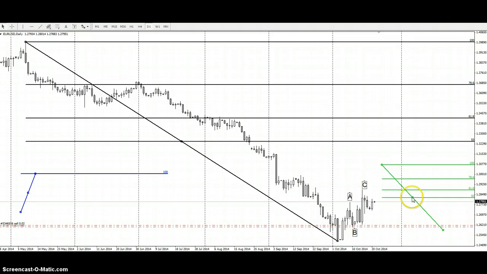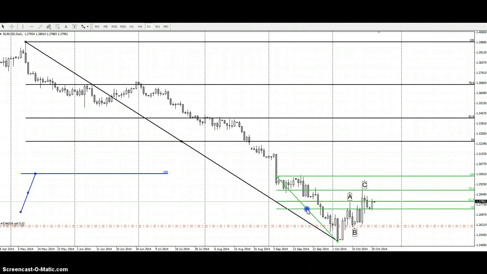So in green, I did a Fibonacci from that last wave pattern, and basically drew the 50, 61, 78, and 100%, and we can see that the price has retraced from that wave to the 78.6%. Also, it is the point where the C will be.